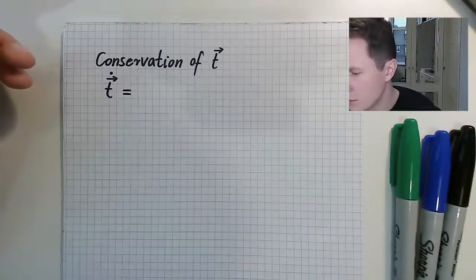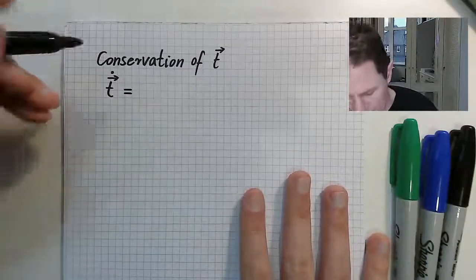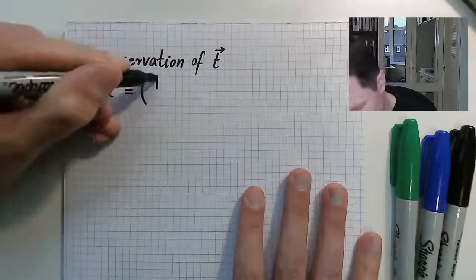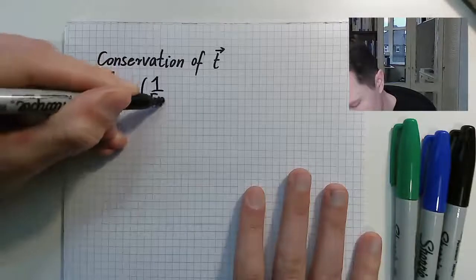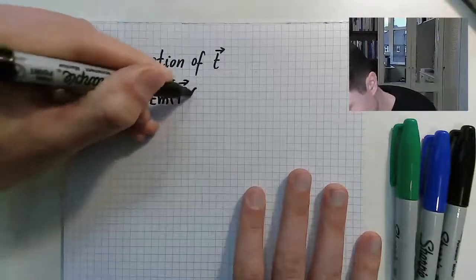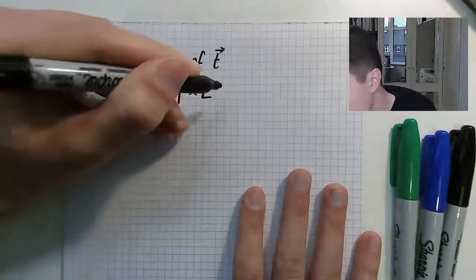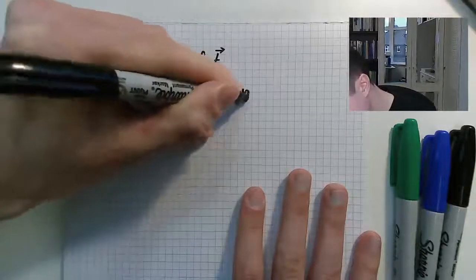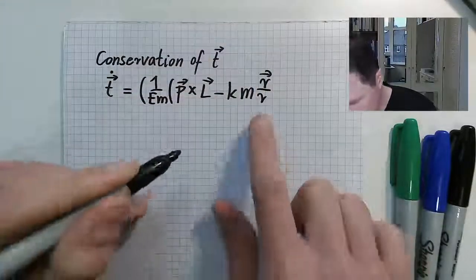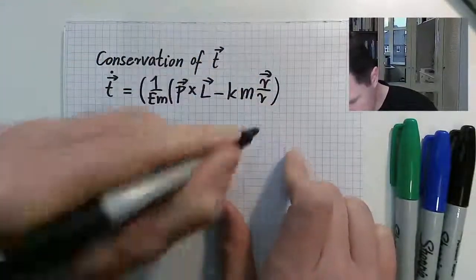Well, remember that we had the following for t. We had 1 divided by e times m times p cross L, minus km times r over r, the vector r divided by its length.